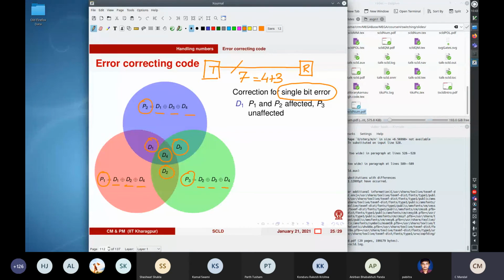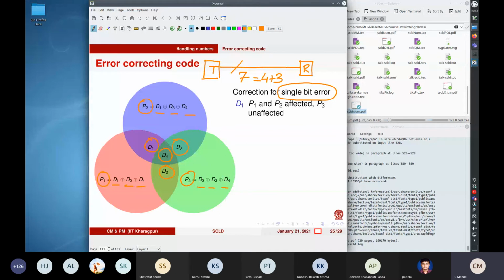So what happens is when you're transmitting data, due to some noise, one of the bits might get flipped, all right? We assume that only one of the bits will be in error, any one of the bits.